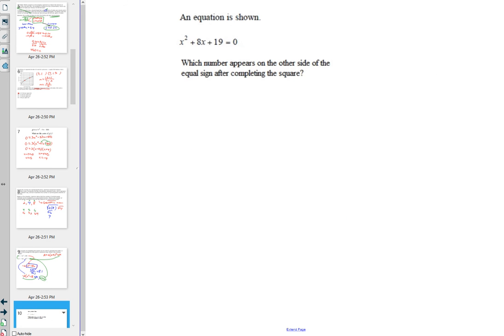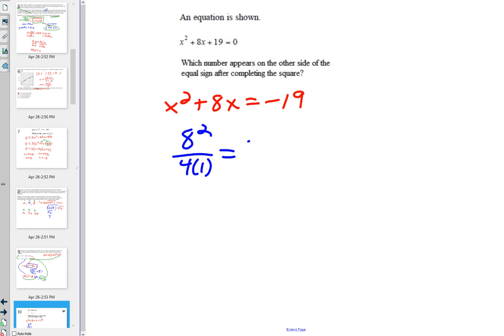I think I'll do one more. An equation is shown. Which number appears on the other side of the equal sign? Okay, see, this would be more appropriate. This one here I would expect you to know. Which number appears on the other side of the equal sign after you complete the square? Well, 19 is not a perfect square, so I have to move 19 to the other side by making it negative 19. So now when I complete the square, Angel said b squared over 4a is 64 over 4, which is 16.